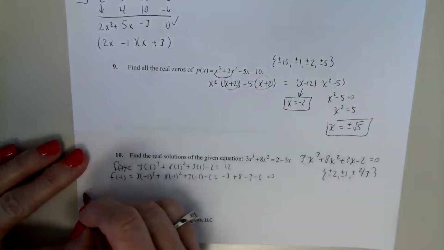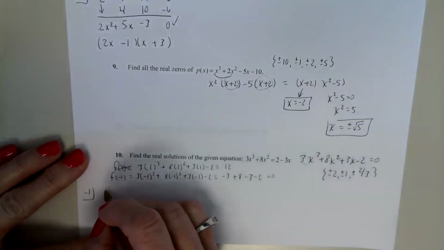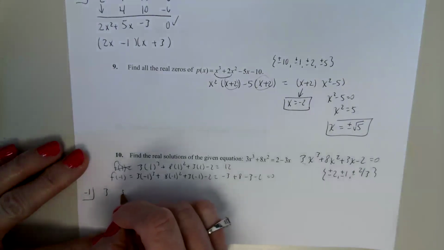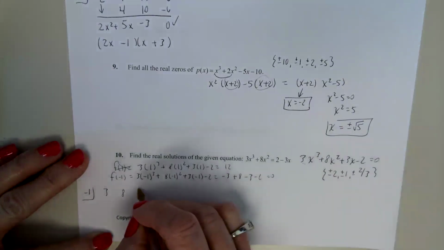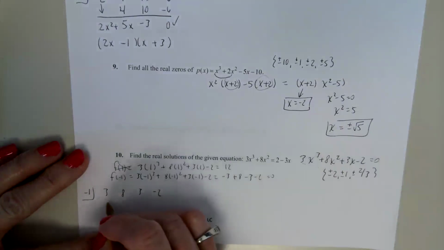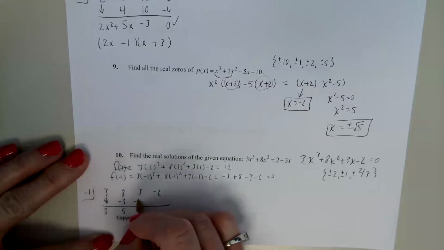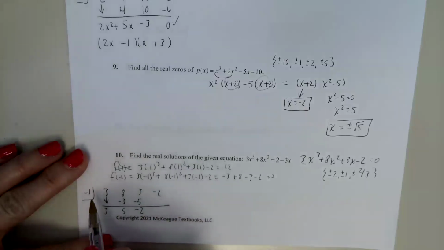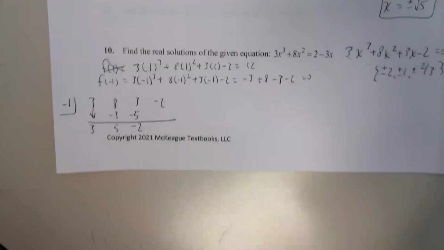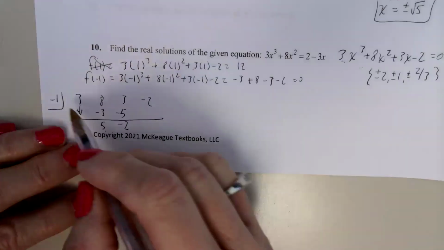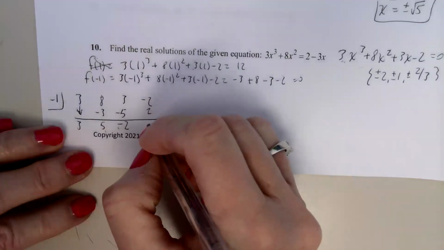Okay, so I'm going to use synthetic division to use my negative 1. So 3, 8, 3, and negative 2. So bring down my 3. We have a negative 3 adds to make 5, multiplies to make a negative 5, adds to make 2. And negative 1 times 2 is negative 2, and that adds to make 0.